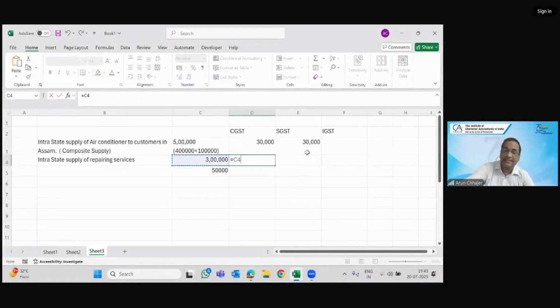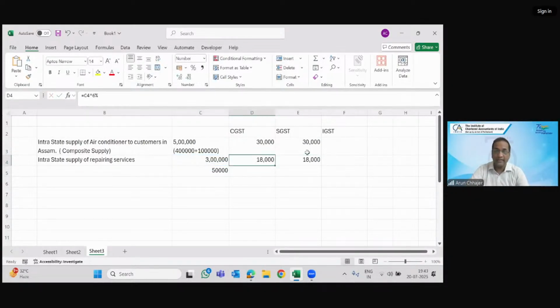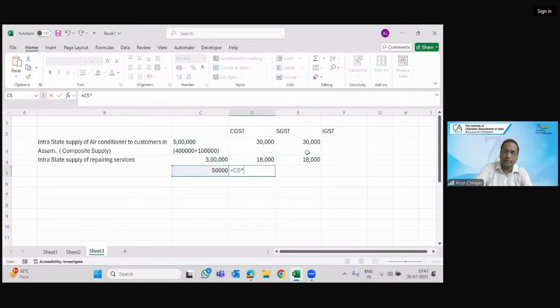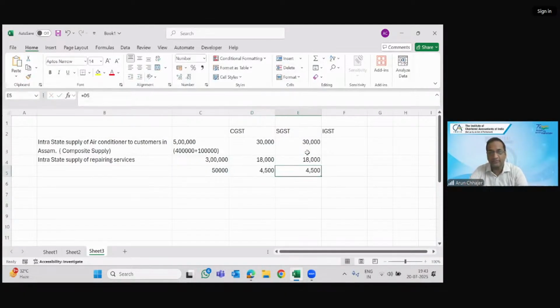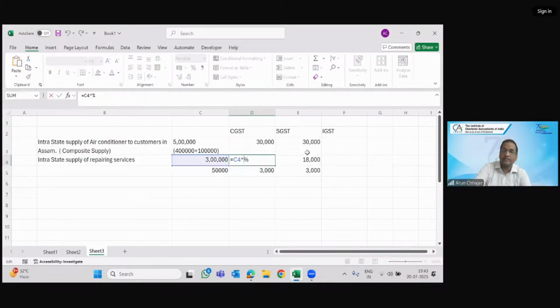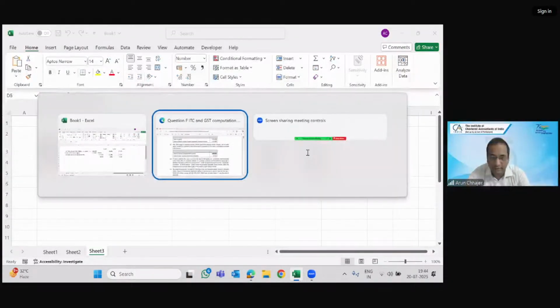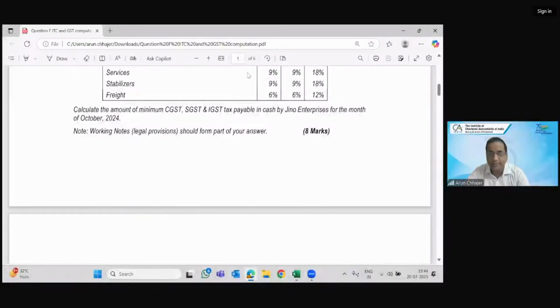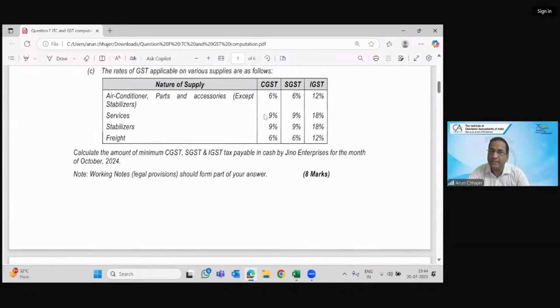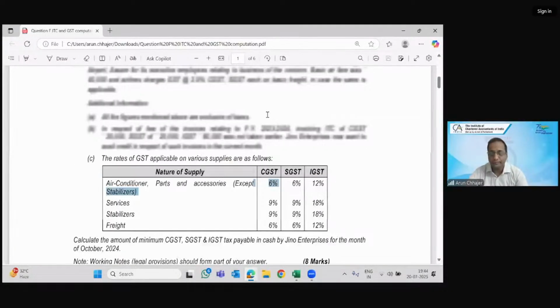So I am saying 3 lakh is chargeable to 6% tax rate, and 50,000 is chargeable to 9% tax rate. And I did it the wrong way round. I think I have done wrong. So the tax rate of service is 9% and the tax rate of goods is, one second, let me check again. The tax rate of goods is 6% and the tax rate of service is 9%. Okay. Any doubt?